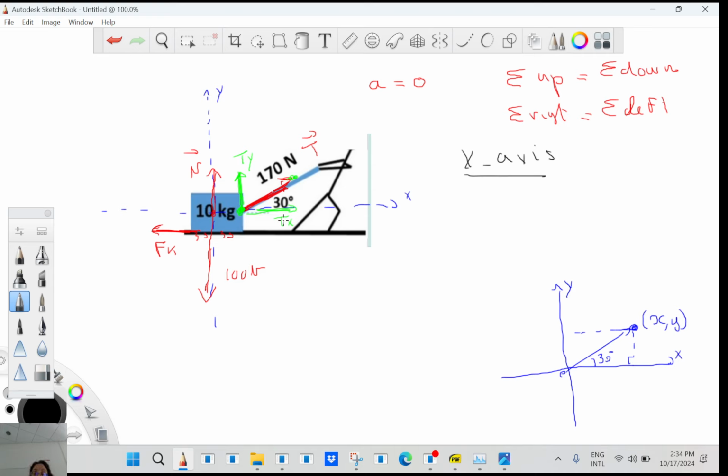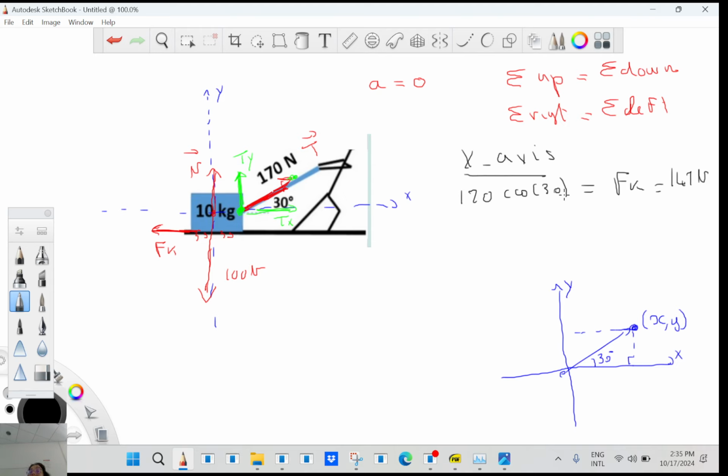So Tx, the x component, is going to be 170 cosine 30, right? And what is pulling to the left? The kinetic friction. You see, that's not that hard. Then you take your calculator, 170 cosine 30, 147.